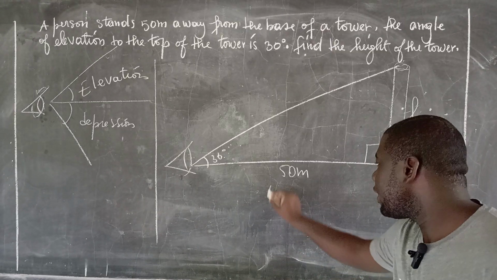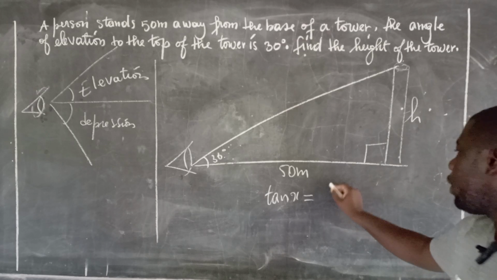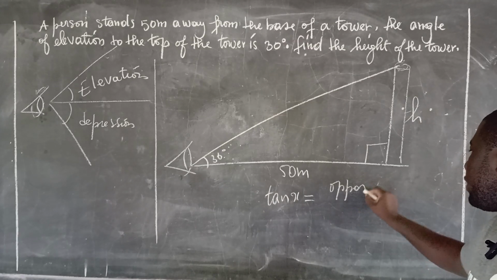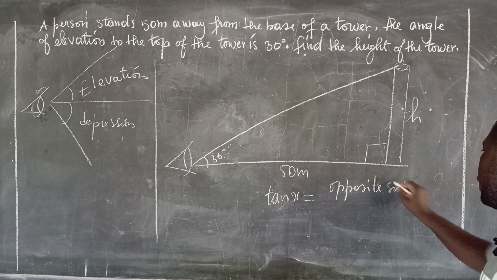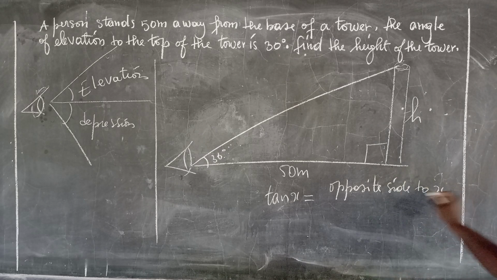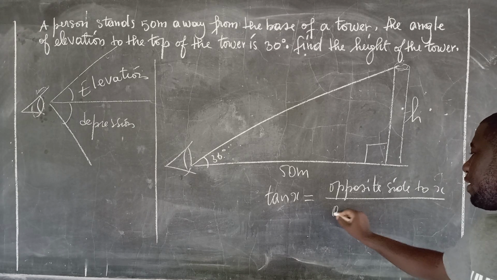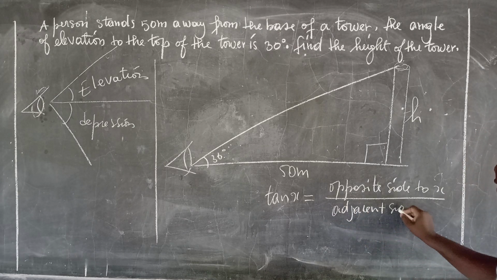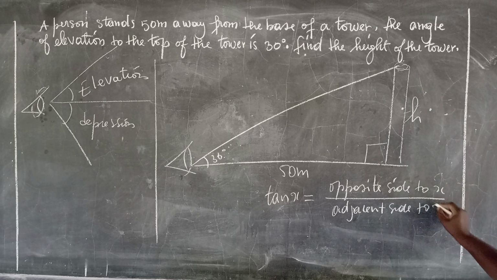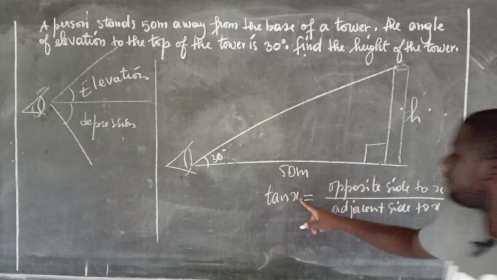Remember, tan of angle is equal to opposite side to this angle x over adjacent side to this angle x. Let x be 30.